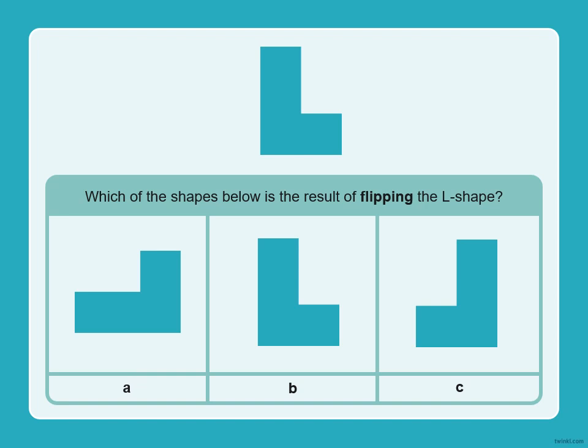So which one do you think will be the result of L flipping? Okay, it can't be B because we know that that one's the same. Okay, if we flipped our B to the right, what do you think it would look like? That's right, C.